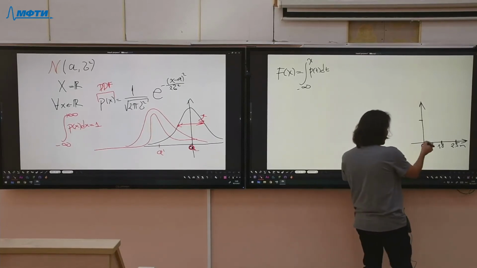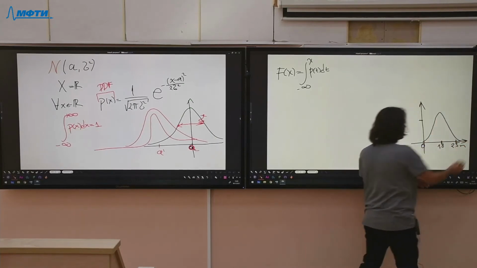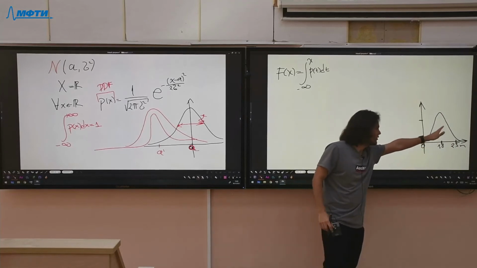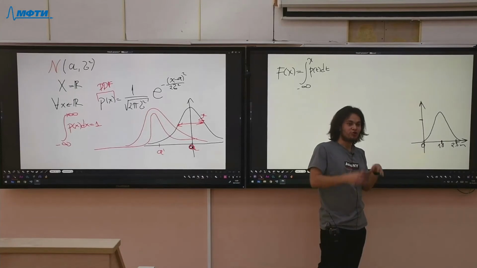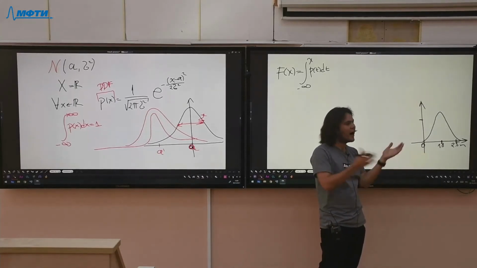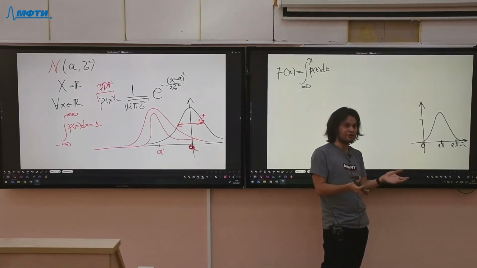So the graph that you will get is something like this. You will get the Gauss bell, right? If you say the random variable is the height of the people, you will get that this random variable has a normal distribution.